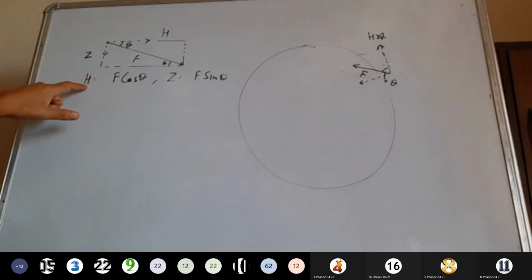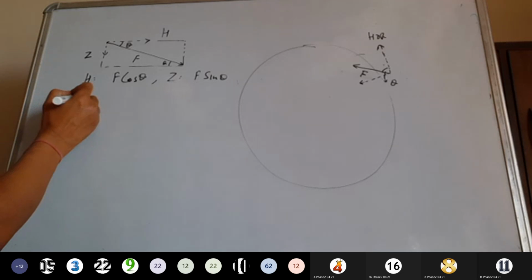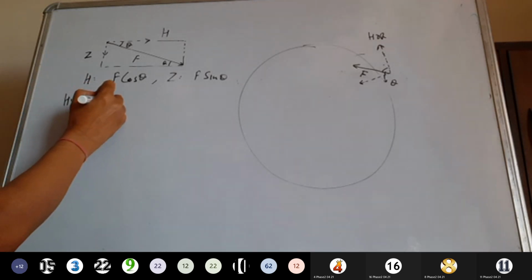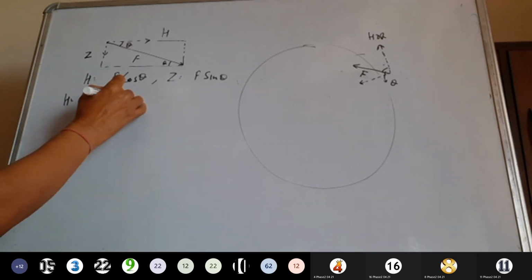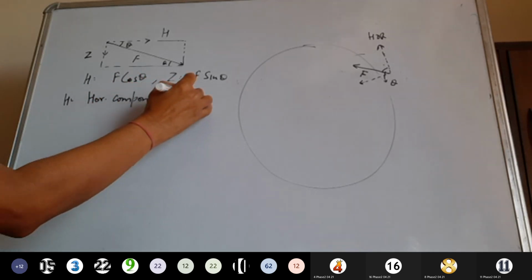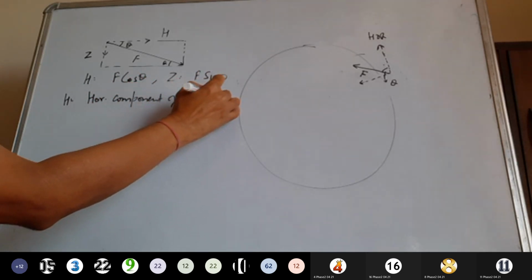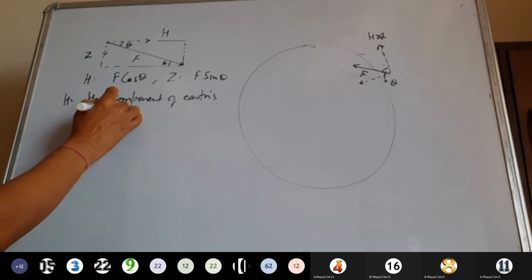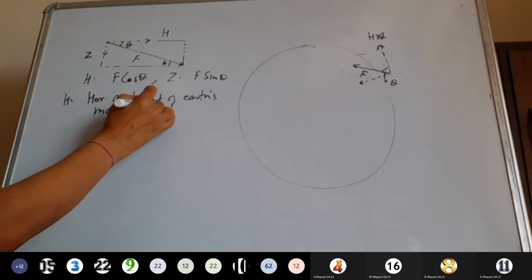But in some books, this H is known as the third component, the third magnetic element of the Earth. But this is the most important one. So what is this H?